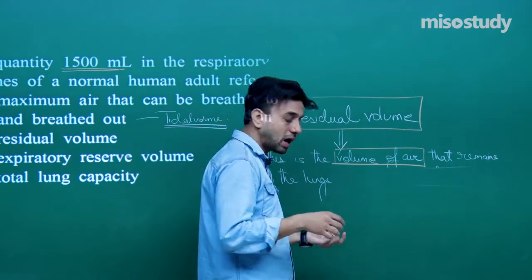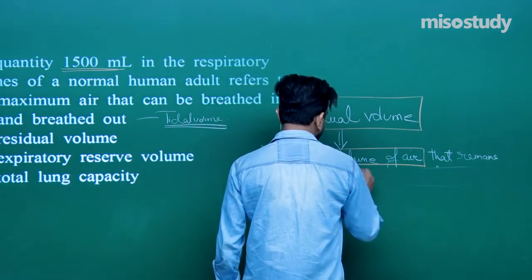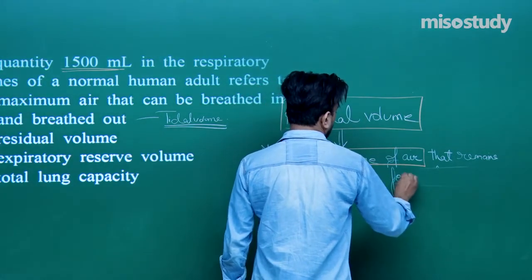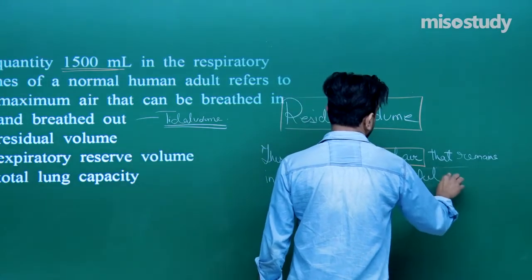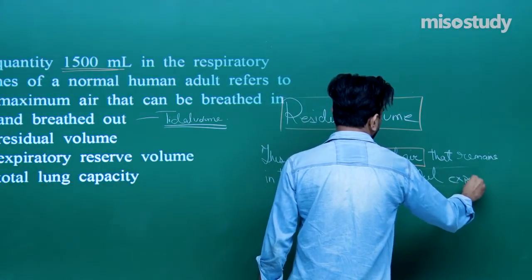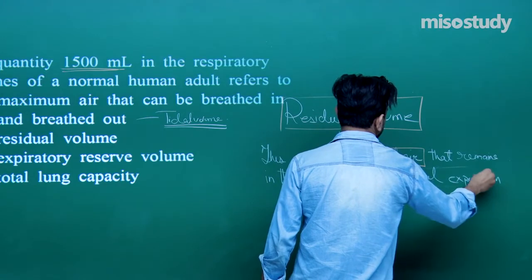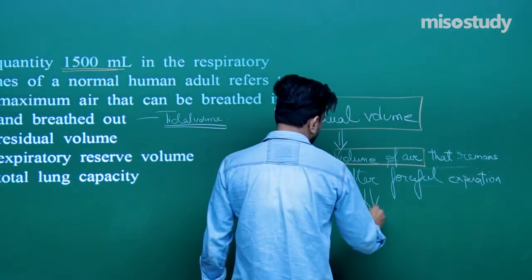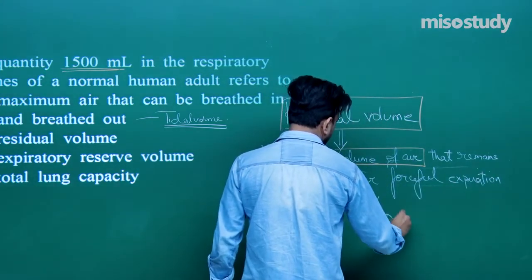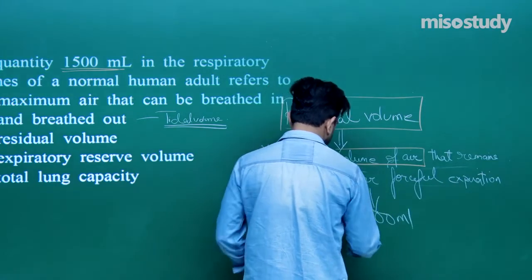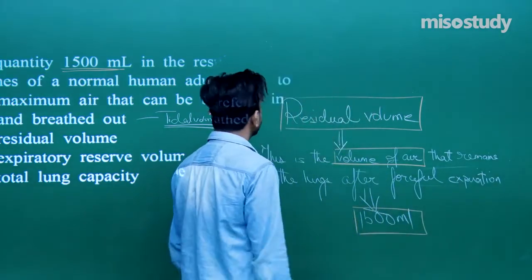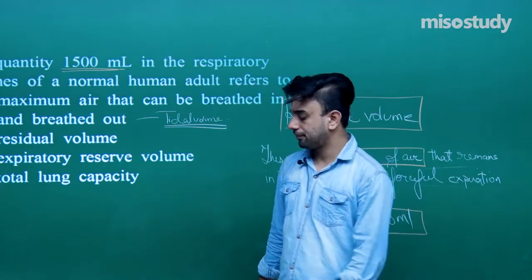The volume that remains after forceful expiration is going to be 1500 ml. This is the residual volume.